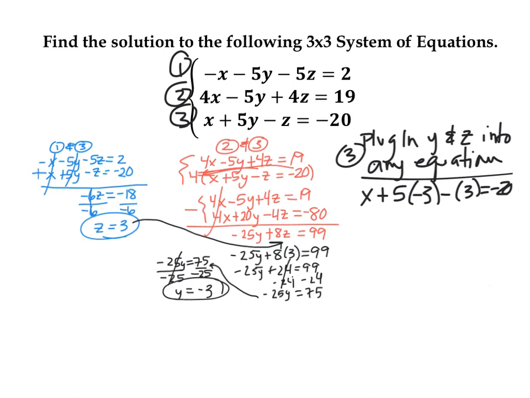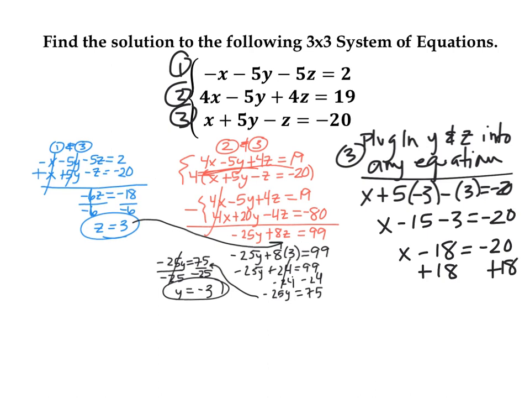So I have 5 times -3 is -15, so I have x minus 15 minus 3 equals -20. -15 minus 3 is x minus 18 equals -20. To solve for x, we move the 18 over. And we have x equals -2.